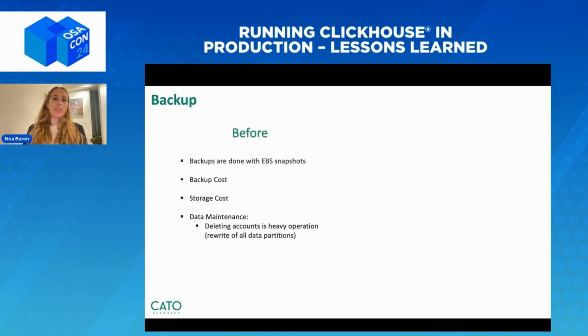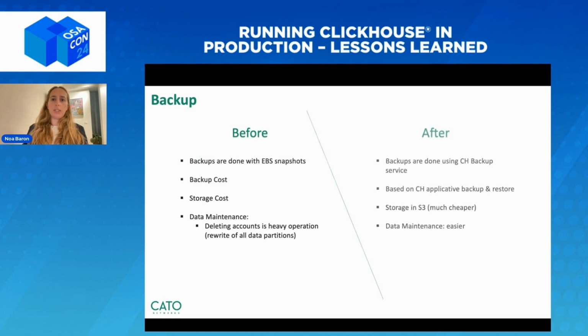In the past, we used EBS snapshots for our backup, which was very costly, both for the backup itself, which was a huge expense per day, and the storage cost was really high as well. Also data maintenance on that backup data was very heavy.